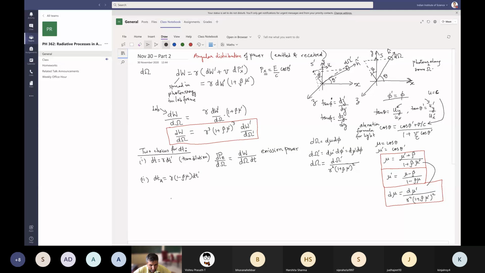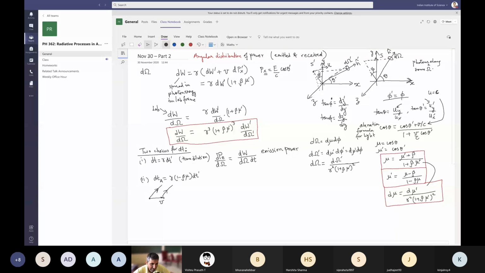If you recall, in our discussion of relativistic Doppler shift, we considered this case where the particle is moving and emitting photons along a particular direction, and we found the arrival time.